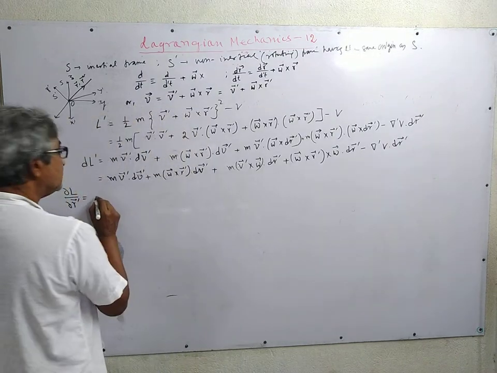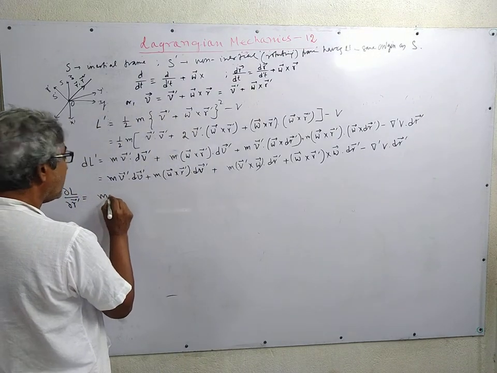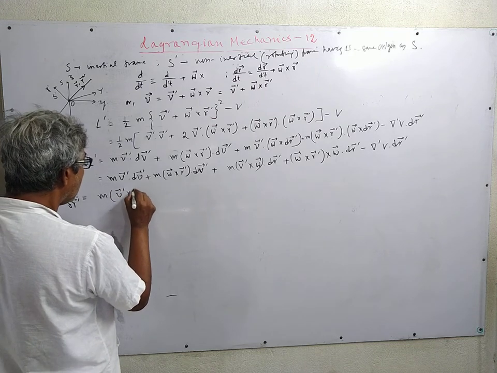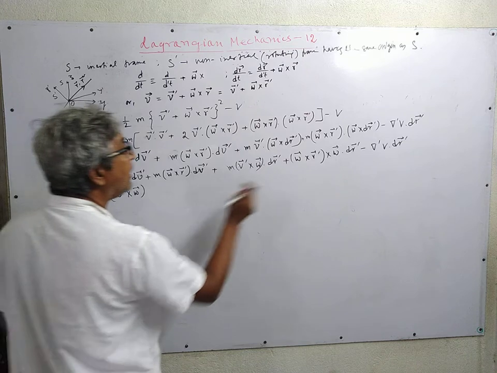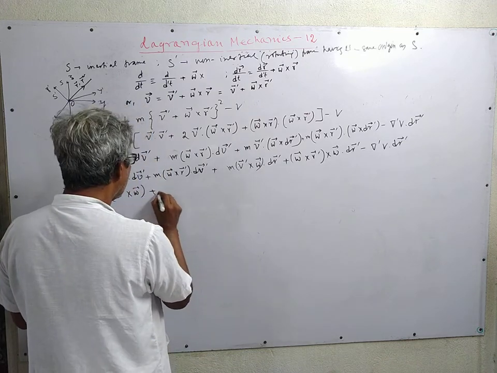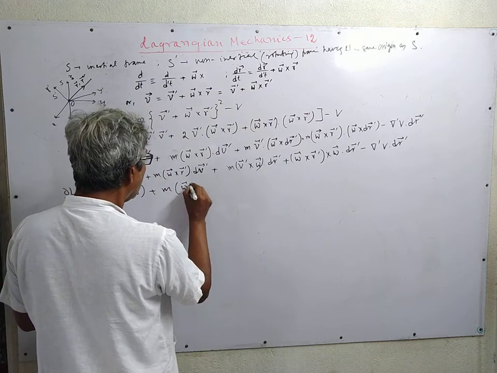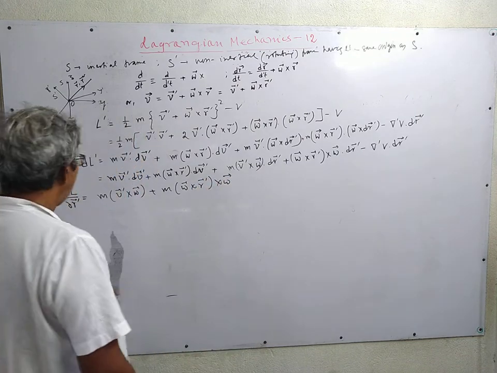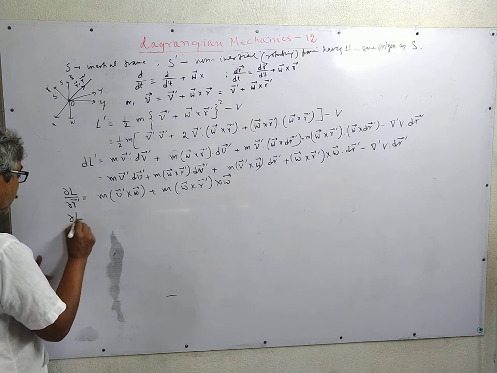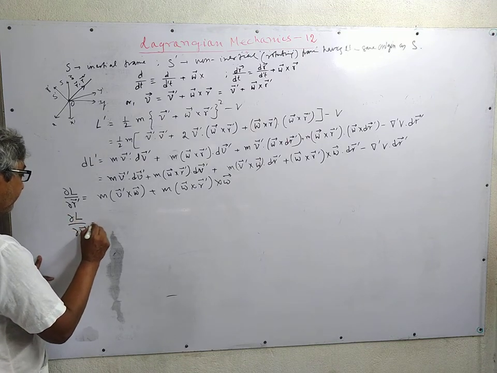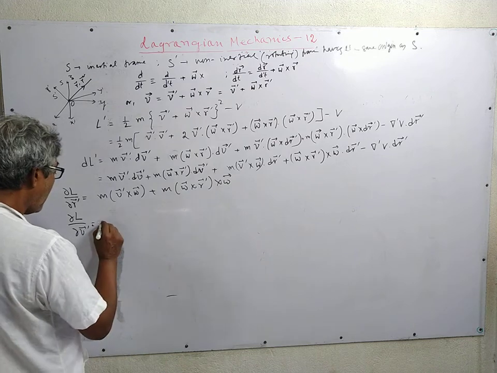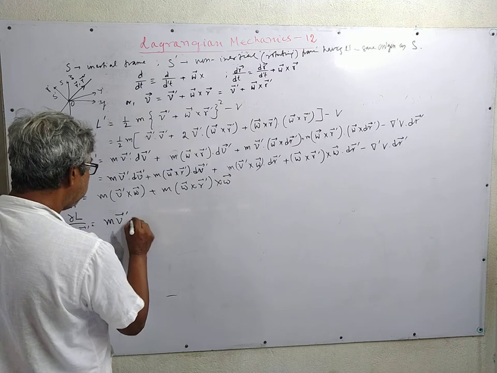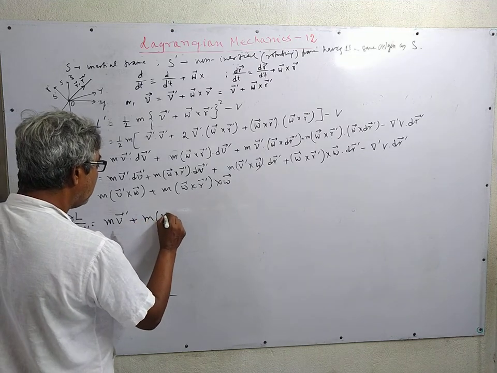And ∂L/∂v' is equal to m v' plus m ω cross r'.